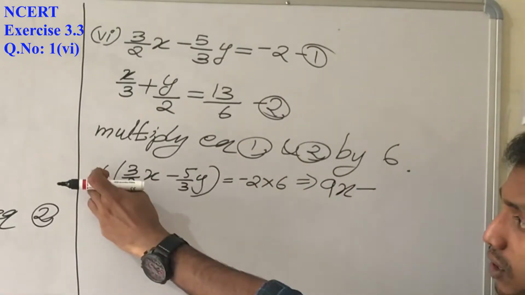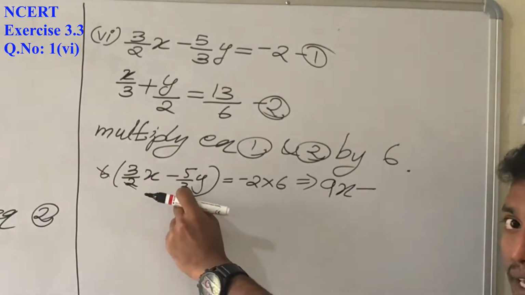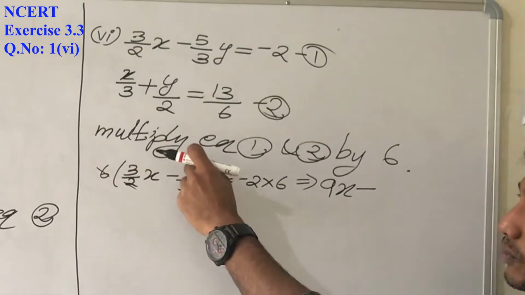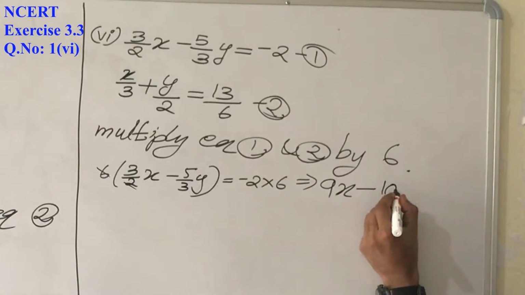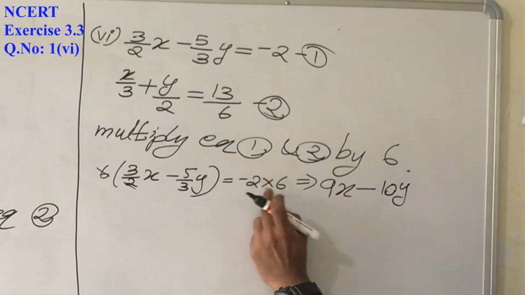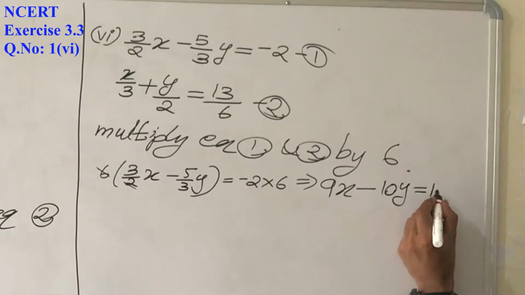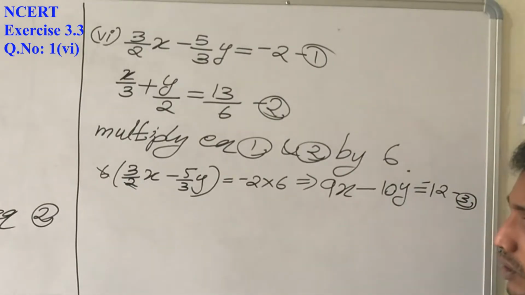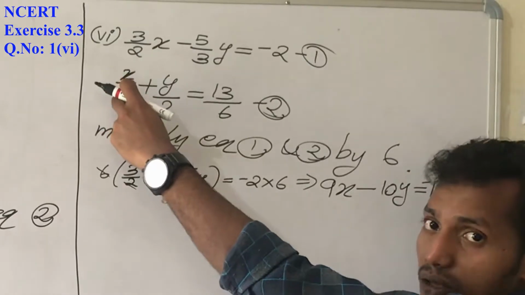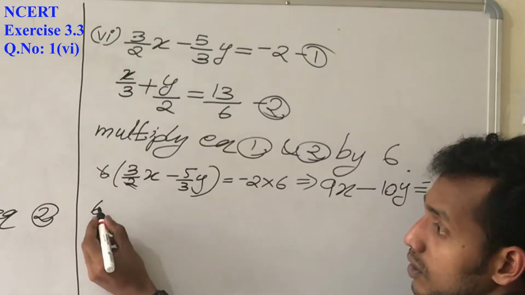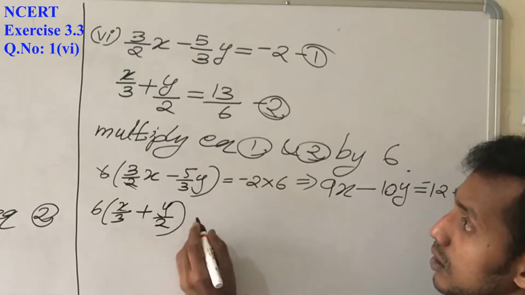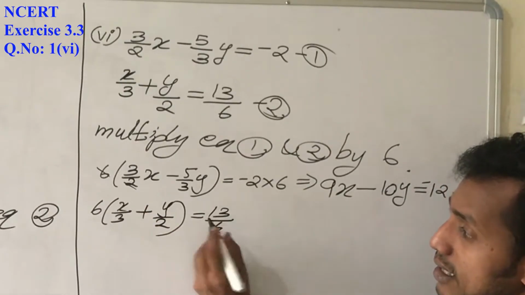Minus, here 6 by 3 cancels, so we get 2, and 2 into 5 will be 10y, is equal to minus 2 into 6, which is minus 12. Equation number 3. Now, similarly, multiply the other equation also. What will you get? 6 into x by 3 plus y by 2 is equal to 13 by 6.